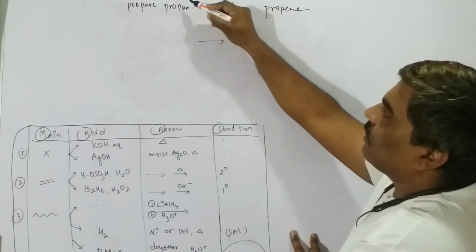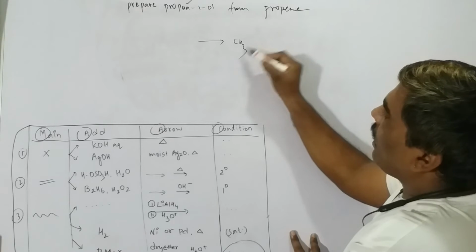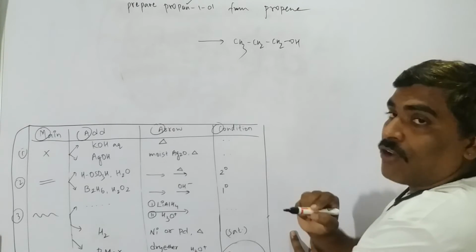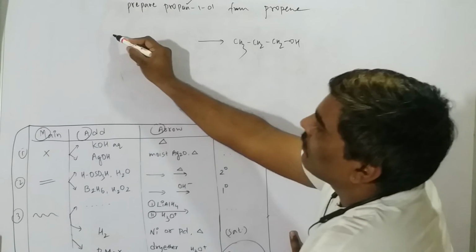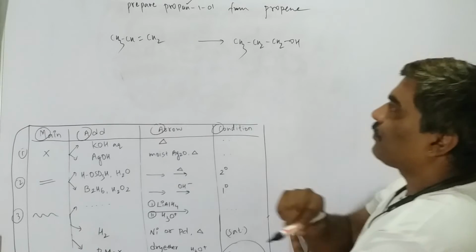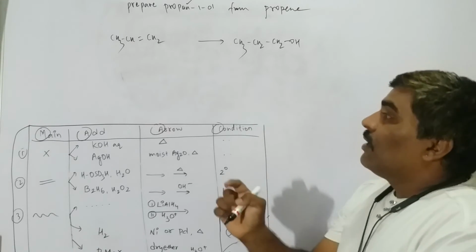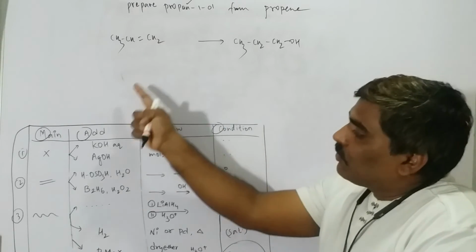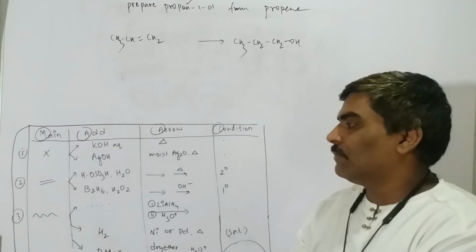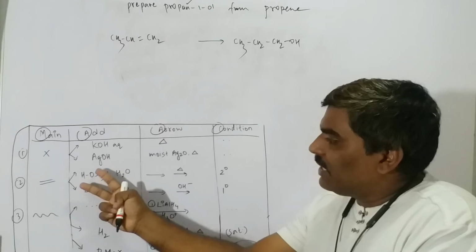What do you want to prepare? Propan-1-ol from propene, CH3CH=CH2. Now every time after getting the reactant, you have to search here. Alkene, alkene is here. Two possibilities there.